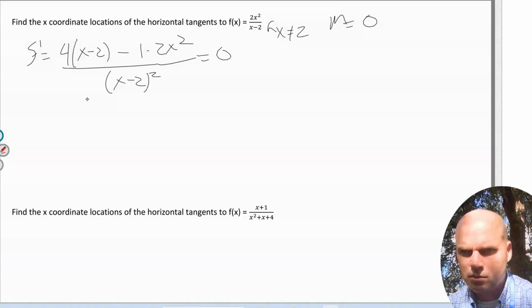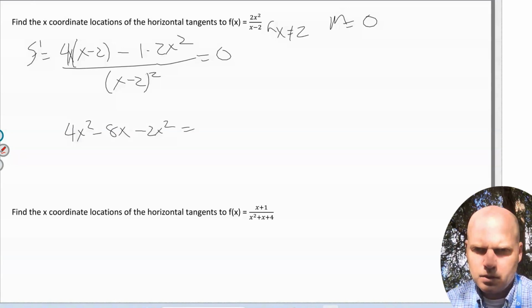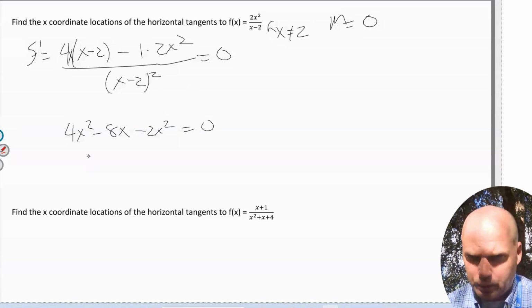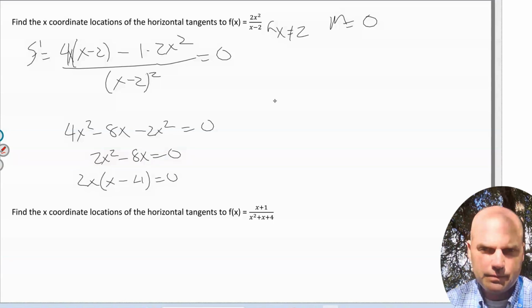Ooh. Top times the bottom minus slope of the bottom times the top. Almost made a mistake. Okay. Distribute. Now ignore the bottom. Just make sure your solution is not 2. Is it going to be 2? No, it's not going to be 2. 0 and 4.